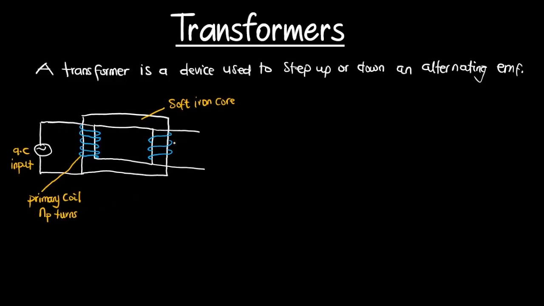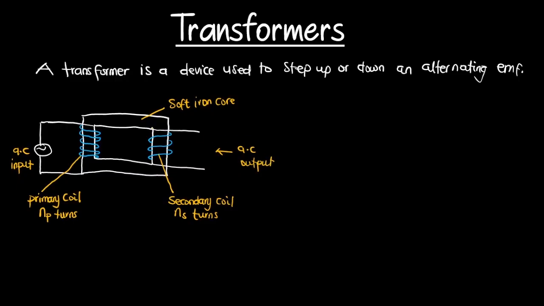Over here we have this. Since this is the primary coil, this is obviously the secondary coil. And then the number of turns is NS, the number of secondary coil turns. So we have the soft iron core, the AC input, and over here is where we have the AC output. Are we okay?